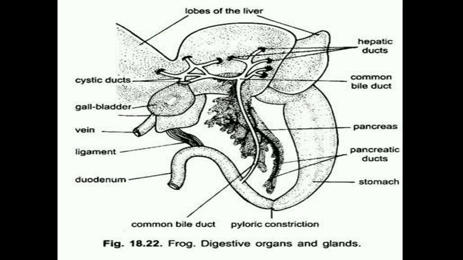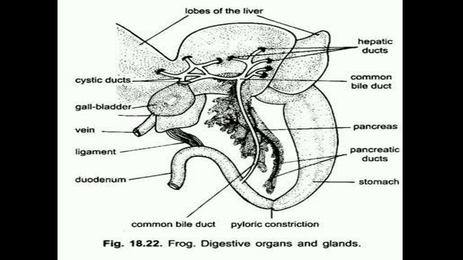You all know liver is producing a juice called bile juice, and bile is helping in digestion of fats. Bile has no enzyme, it basically has bile salts and bile pigments. Similarly, pancreatic juice contains a number of enzymes for starch, for lipids, for proteins, and even for nucleic acid digestion.